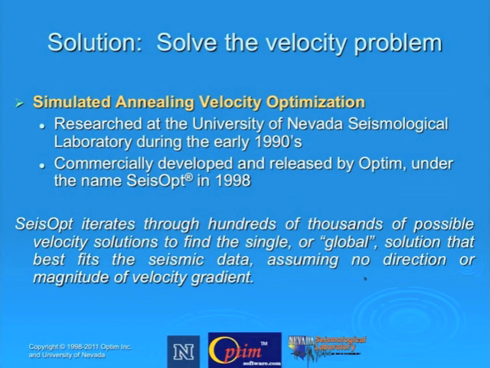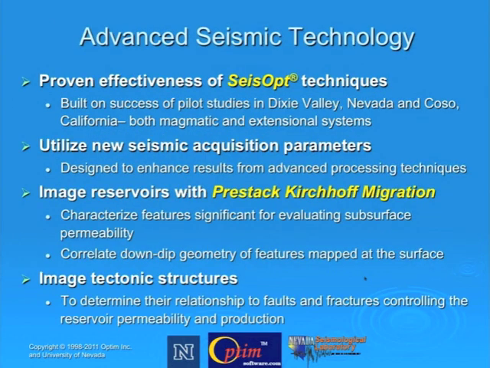And also, velocity does not have to increase with depth. It can increase more laterally than it does with depth. So that's what we're saying about assuming no particular direction of the velocity gradient. We're not assuming that velocity only increases down.